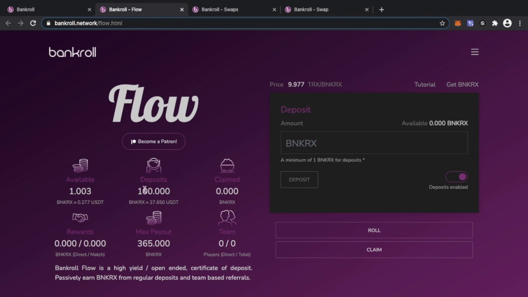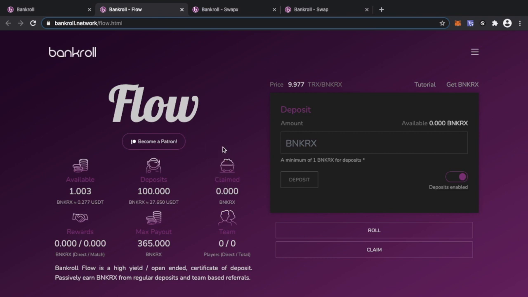So I'm at the moment in this account 100 net positive. Now if my claimed number, for example, was 150 and my deposits was 100, meaning my claimed number was bigger than my deposits number, I would be in a net negative state of minus 50.